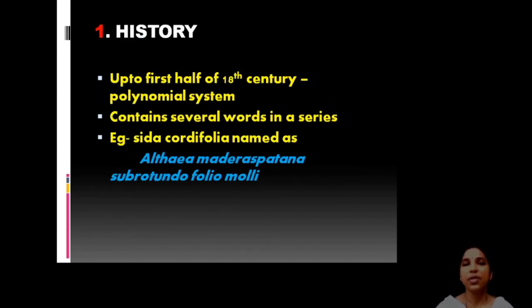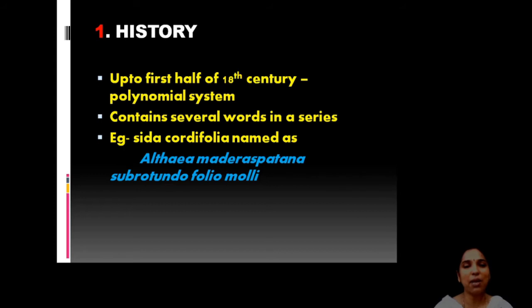Then, the history of nomenclature. In the 18th century, people first used the polynomial system. What is polynomial? Poly means many names, the name having several words.